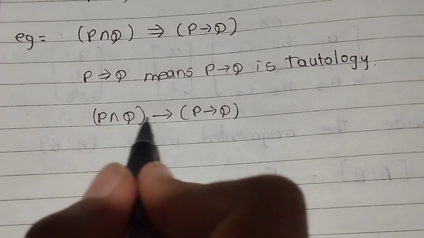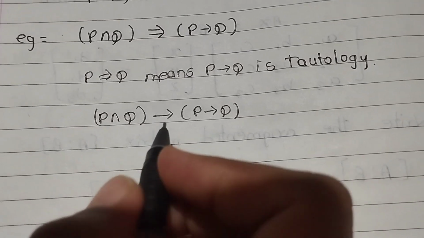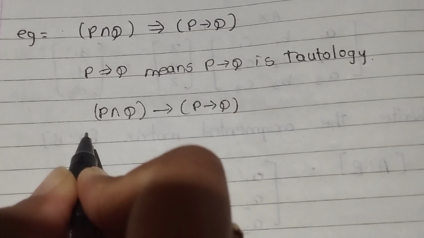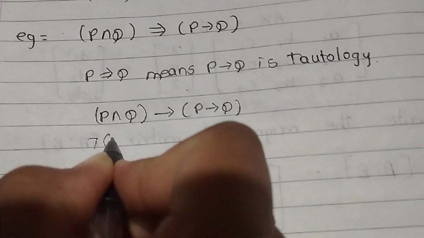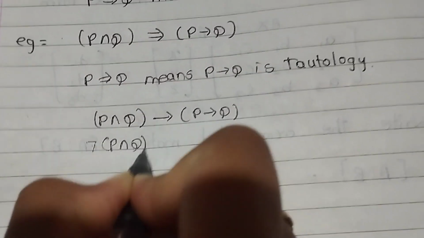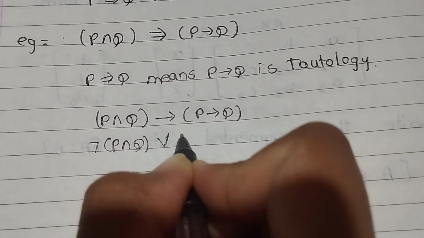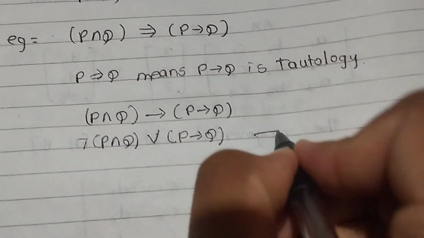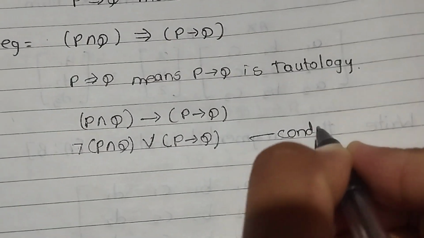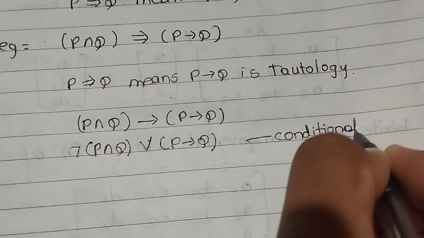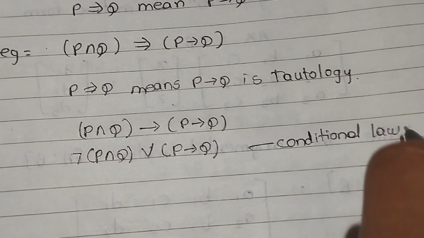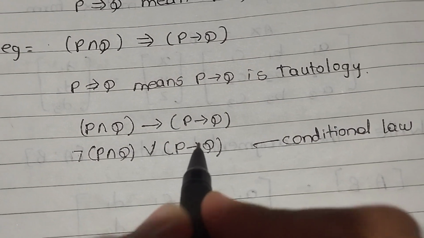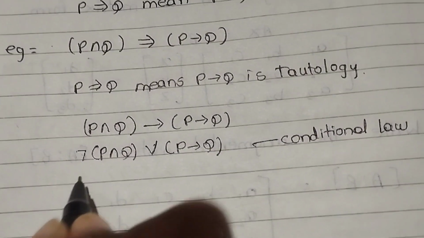First we solve this conditional symbol with the help of the conditional law. The conditional law is: negation of the first variable, negation of (P and Q), ORing with the second variable as it is, Q. Now we solve the second conditional by using the conditional law.